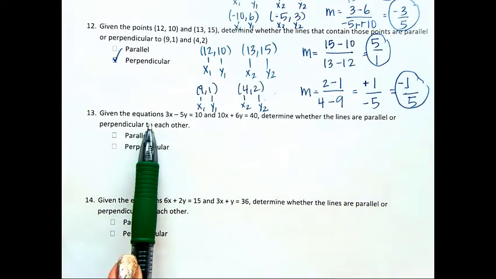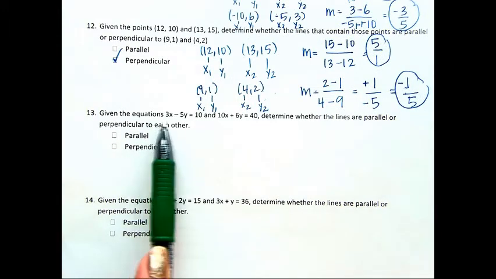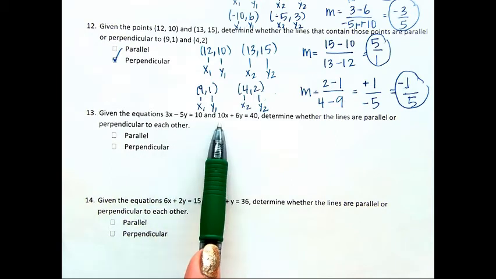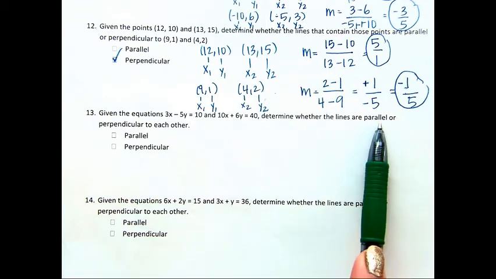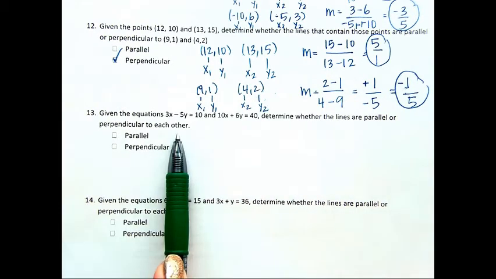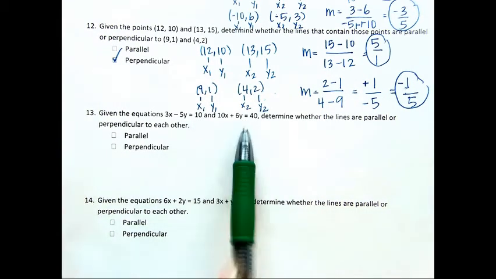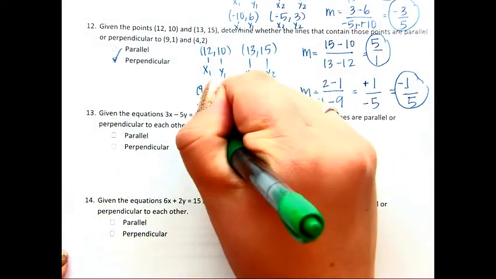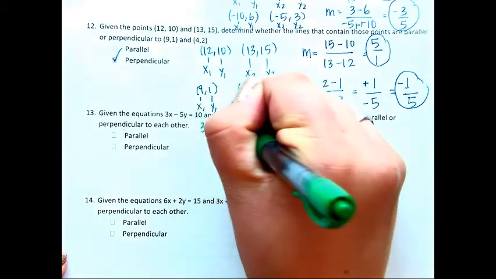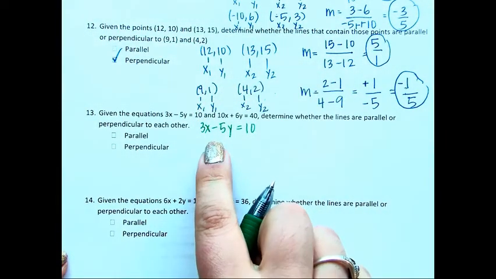Okay, given the equations 3x minus 5y equals 10 and 10x plus 6y equals 40, determine whether the lines are parallel or perpendicular to each other. So these two equations are in standard form. They're not in slope-intercept form. What we're going to want to do is change them to slope-intercept form so we can see what the slope is.